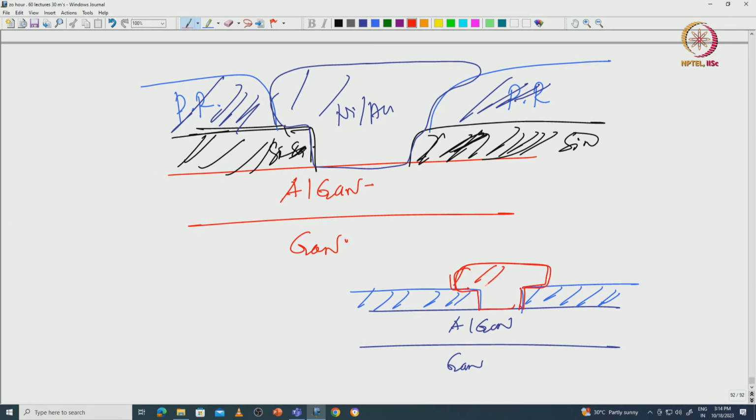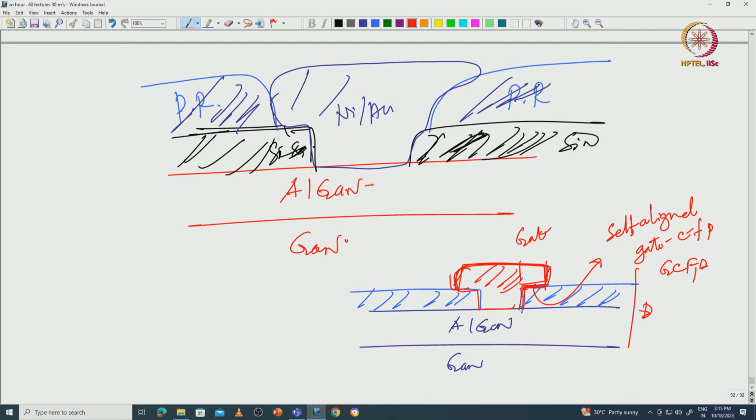This is your gate. So the gate already has an extension towards the drain. This part acts as self aligned, because it is already aligned, you do not have to do an extra field plate. It is a gate connected field plate, GCFP we call it. The gate connected field plate is already there in the gate because you do not have to do anything extra.